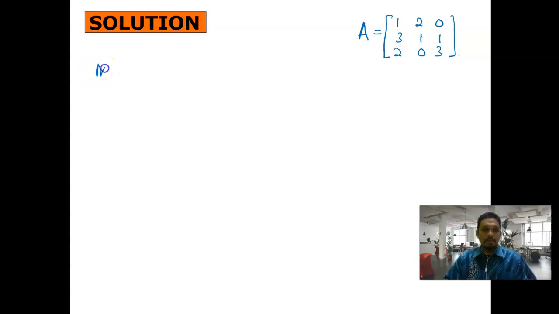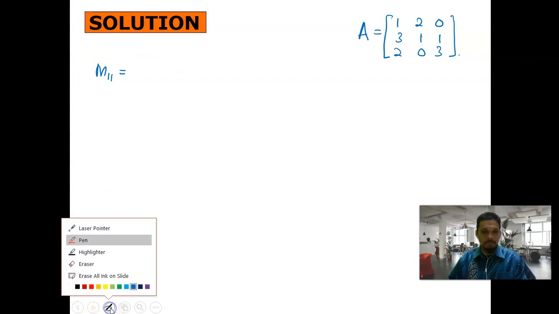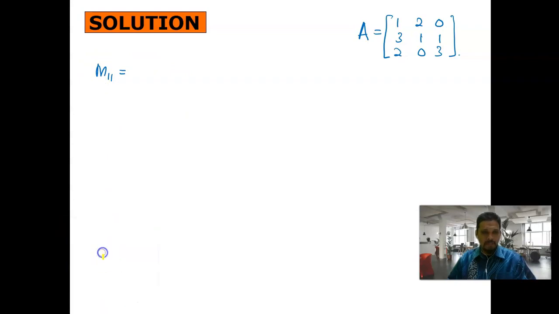M11: the first number represents the row, which is row number 1, and the second represents the column. So we delete row number 1 and column number 1.